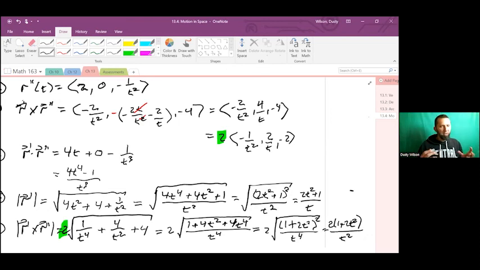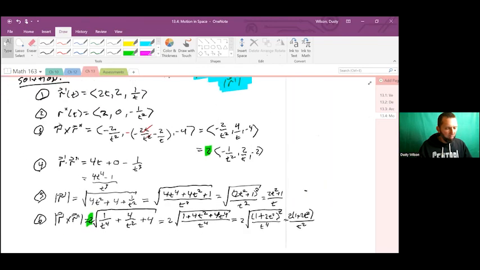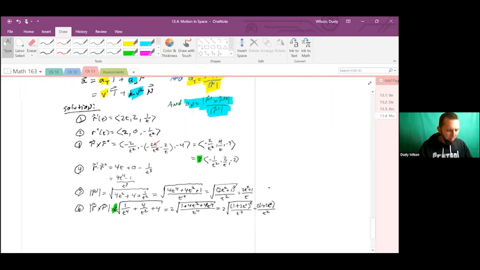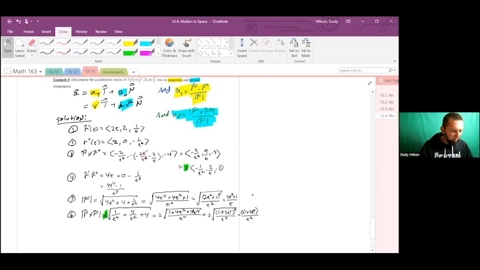Now we've got to put them together to find our tangential and normal components of acceleration. So let's go back to the beginning so you see those formulas.